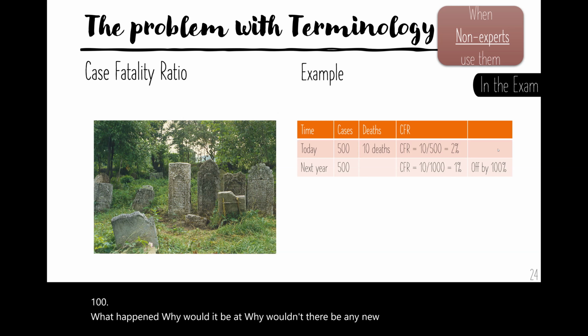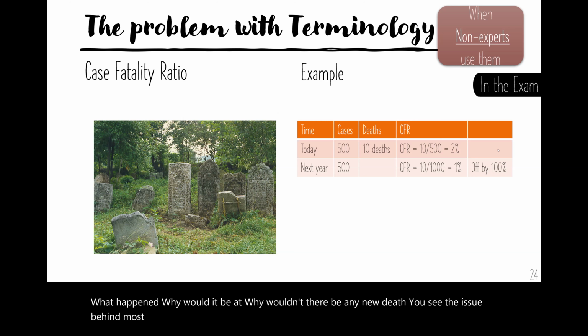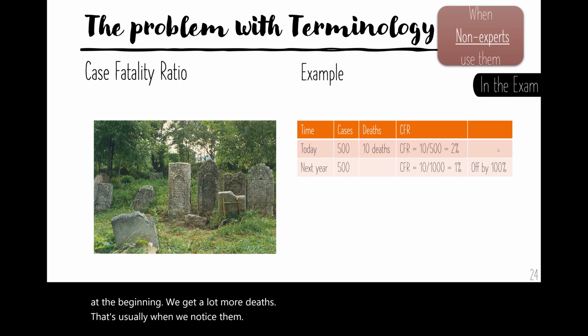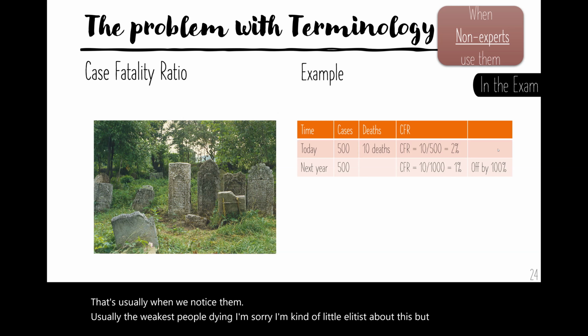You see, the issue behind most diseases, especially viruses and respiratory viruses, is that at the beginning we usually get a lot more deaths. That's usually when we notice them. Usually the weakest people die. And I'm sorry, I'm sounding a little elitist about this, but usually our weakest humans go down first.